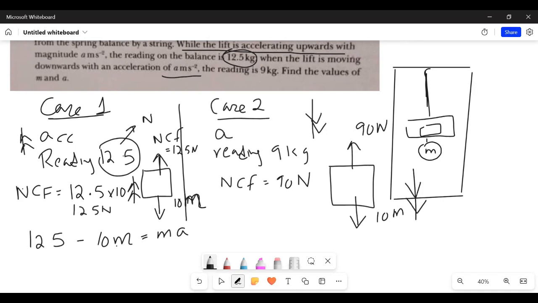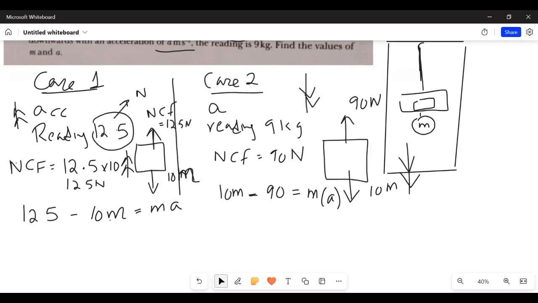Now the lift is going downwards, so forward force would be 10 m minus backward force 90 newtons equals m times acceleration. Now you have to find the value of small m and small a.